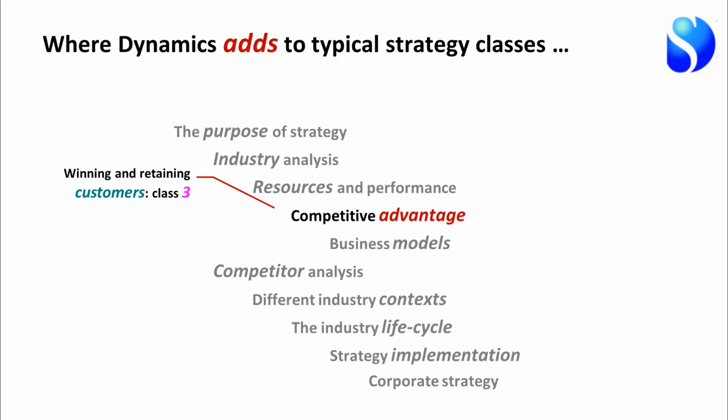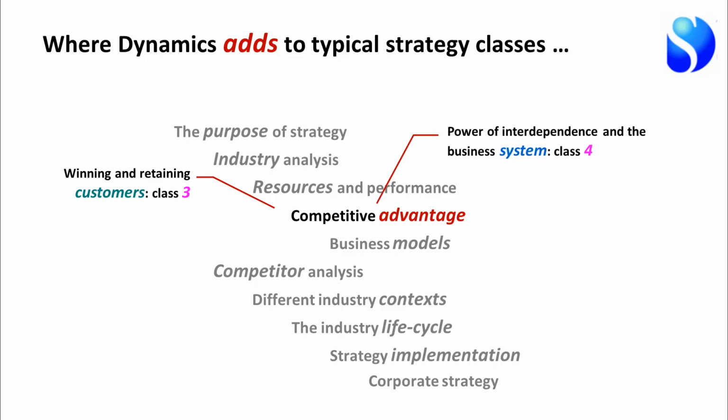We also have quite a lot to say about the whole issue of competitive advantage. And rather than talk in abstract terms about that, you can take the principles in class 3, which is all about winning and retaining resources, but in particular winning and retaining customers. And you can talk about why this case example business is winning and retaining customers better than other competitors in the same sector.